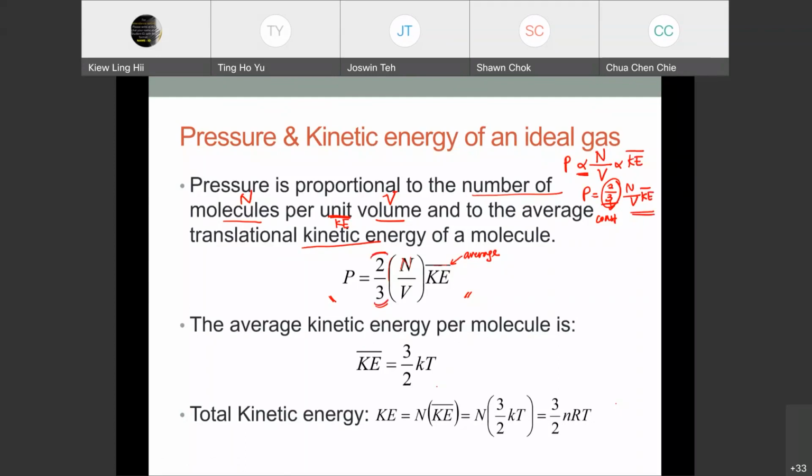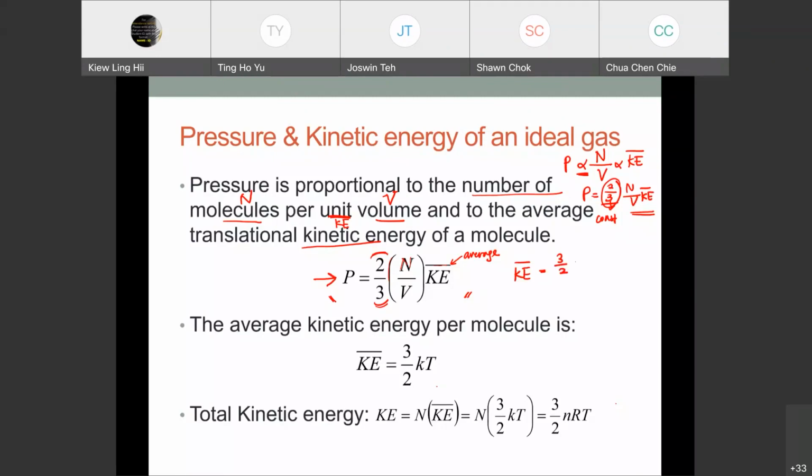So from this equation, to find the average kinetic energy, what do you get? You get 3 over 2, correct?